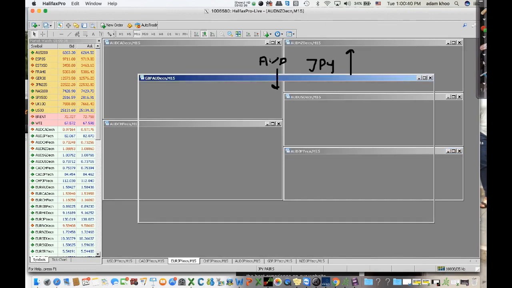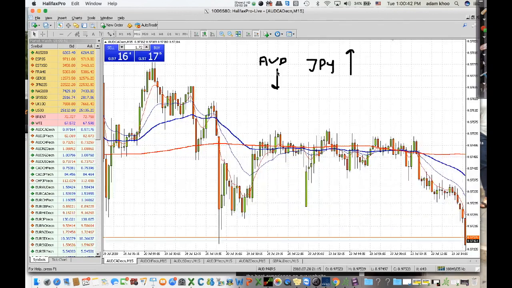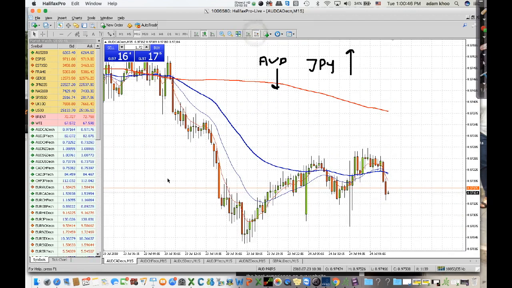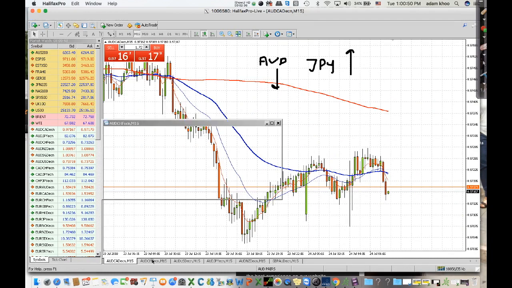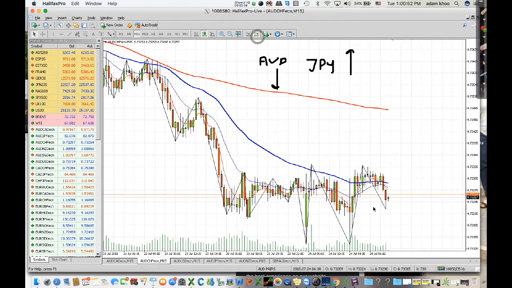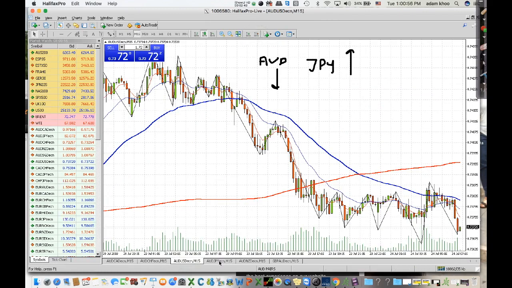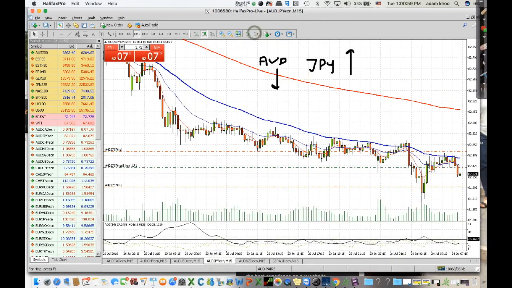If I'm short Aussie yen, I'm bearish on Aussie, so I like to see all the Aussie pairs going down. You can see Aussie is on a downtrend, on a downtrend, on a downtrend as well. This is my Aussie yen trade. That's how I look for correlation between pairs before taking a trade.